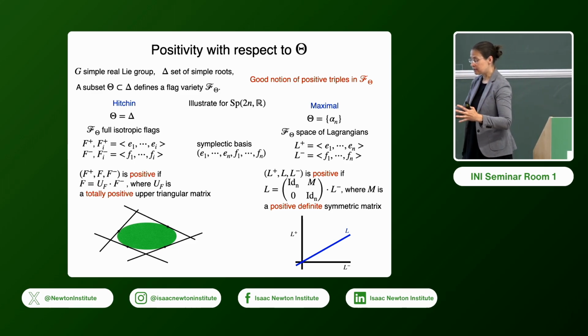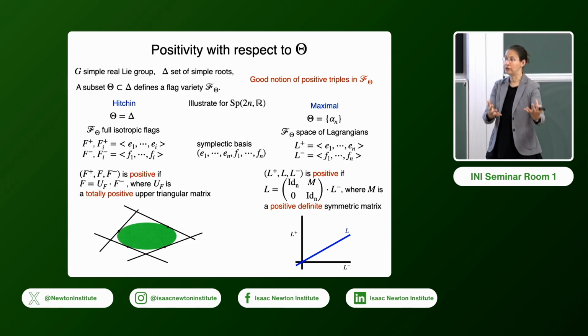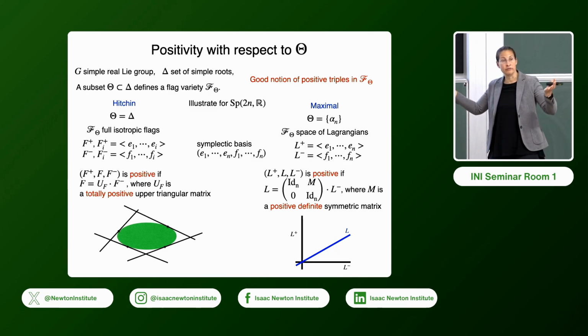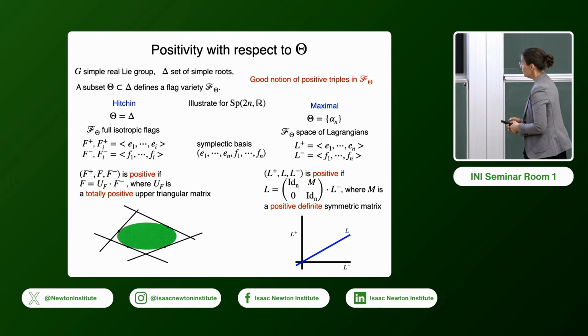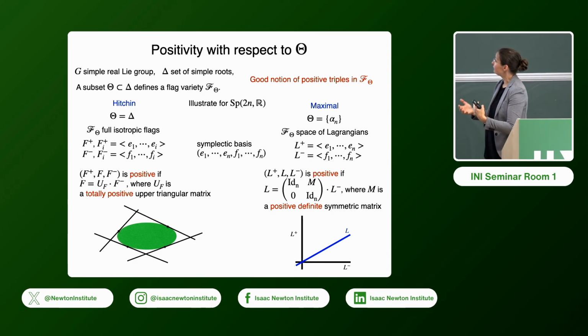If you take the symplectic group, it acts on different flag varieties. It acts on the full flag variety, but it also acts on the space of Lagrangians. And the space of Lagrangians we already saw appearing in the boundary of the Siegel upper half space. So now, when do I call a triple of Lagrangians positive?